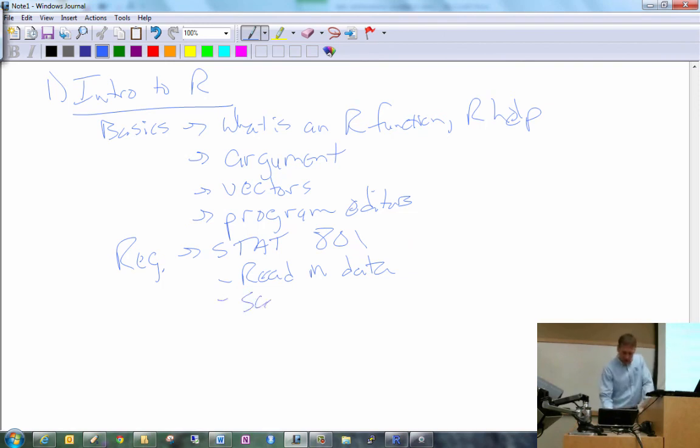How to do a scatter plot. How to estimate a regression model. Those are all kinds of questions I could ask regarding the regression part.